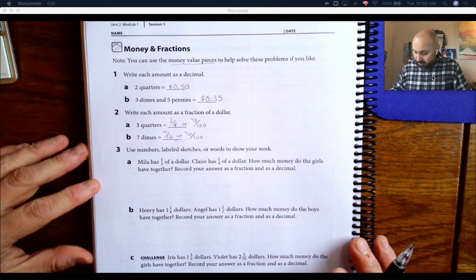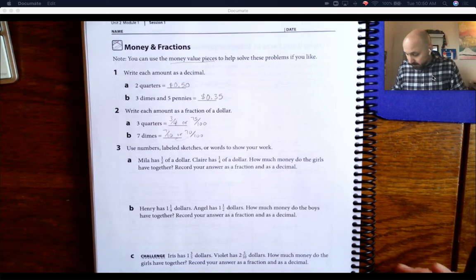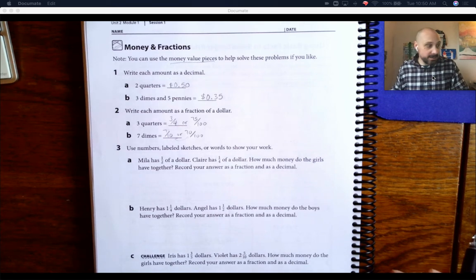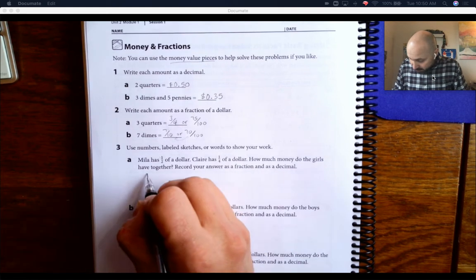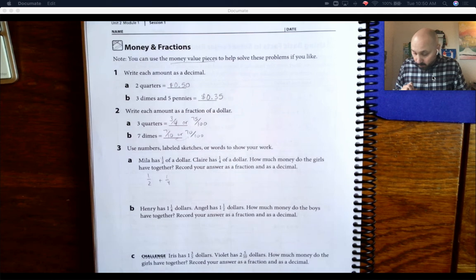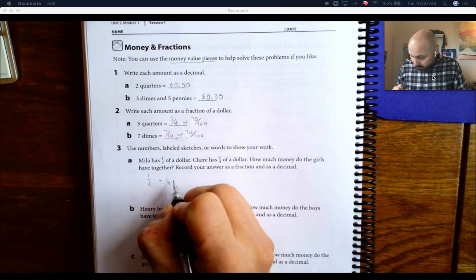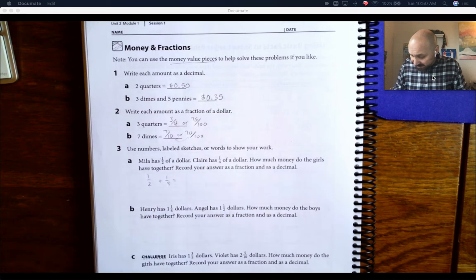Okay, number 3. Use numbers, labels, sketches, or words to show your work. Mila has half of a dollar. Okay, I'm trying to think about how much that's worth. Claire has a quarter of a dollar, or a fourth of a dollar. How much money do the girls have together? Record your answer as a fraction and a decimal. So 1/2 plus 1/4, if we remember before, equals, let's see, 1/2 is 50 cents, 1/4 is 25 cents.